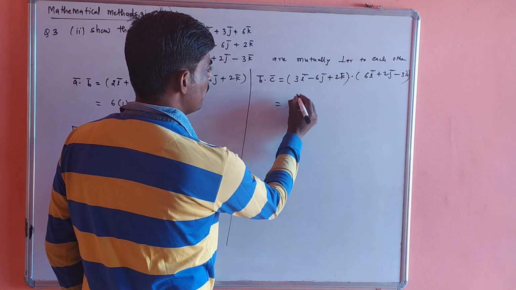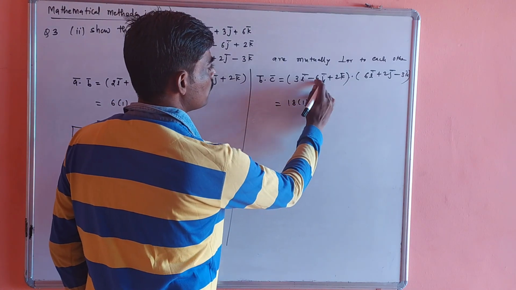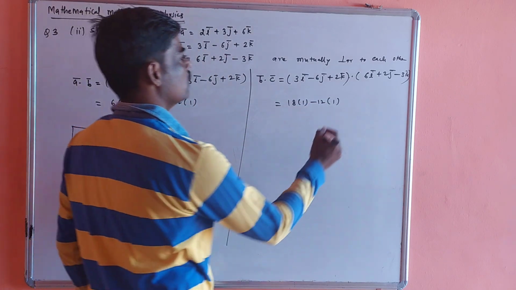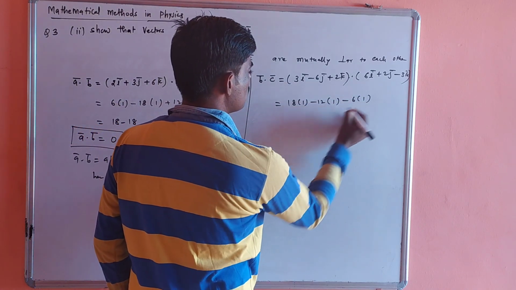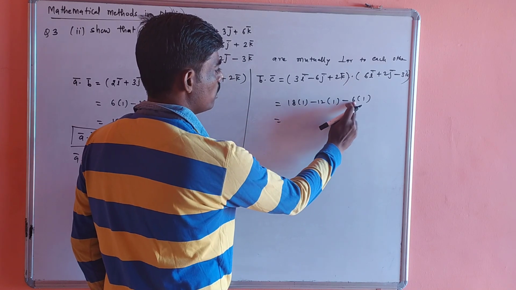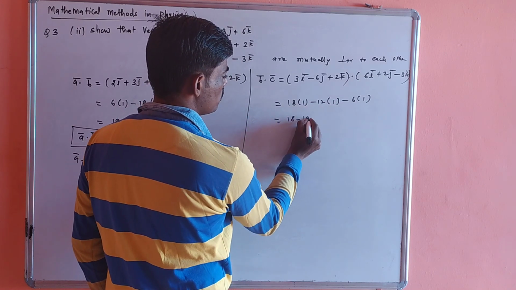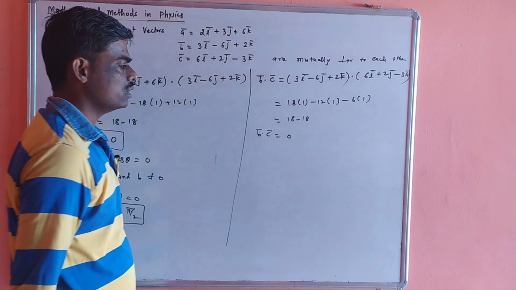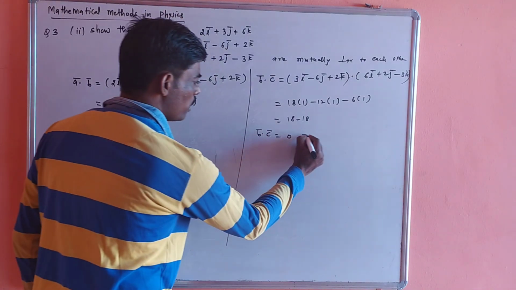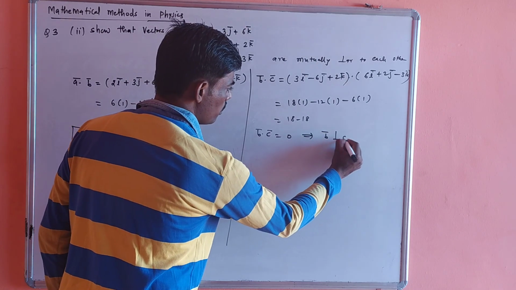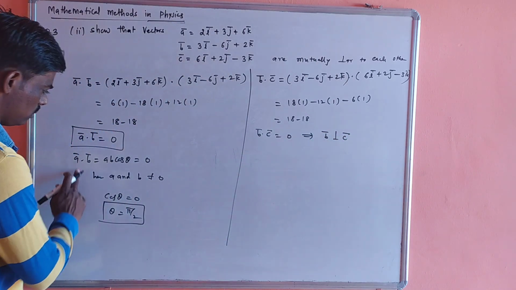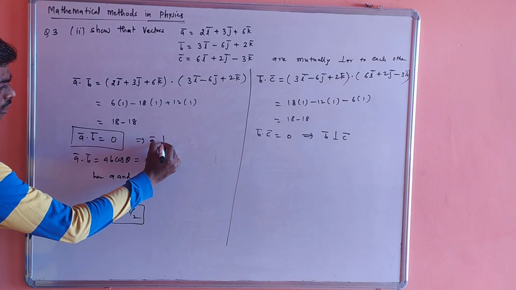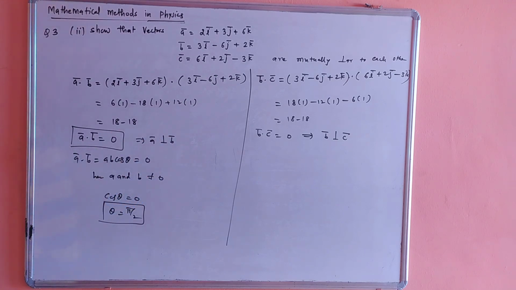So it becomes 18, then minus 12, then minus 6. Minus 12 minus 6, it becomes minus 18. Answer will be 0. So vector B dot vector C is 0. That means it implies that vector B is perpendicular to vector C. So here what we can state, vector A is perpendicular to vector B.